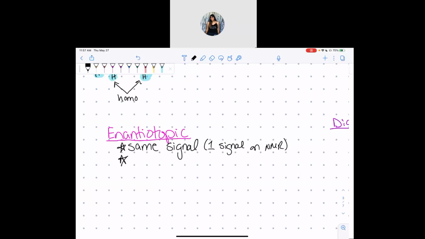For enantiotopic, we're looking only for potential chiral centers or prochiral centers, same thing. And I'm going to draw right here. We denote chiral centers with a star. So I like to write a star with a P to show us a potential chiral center. This isn't a chemistry term that's widely used. This is just something I do for you.